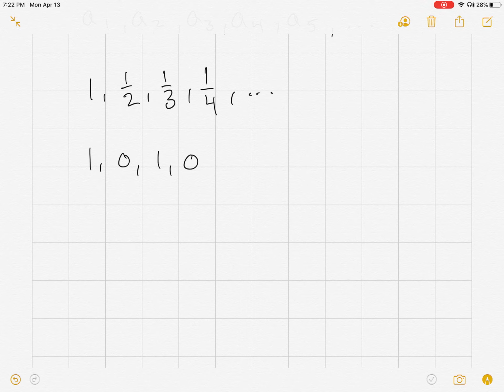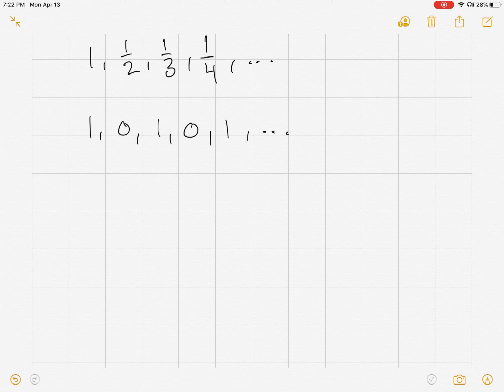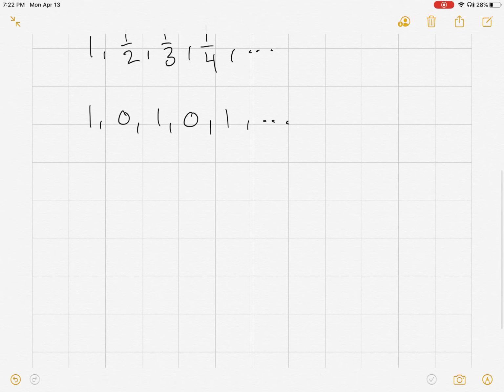Something like this, just 1, 0, 1, 0, 1, 0, 1. This can also be a sequence. We can have duplicates. We can go back and forth. We don't necessarily need to be going in a specific order. There's lots of different things that we can show that are sequences. It just has to be a set of numbers that are ordered, all right?